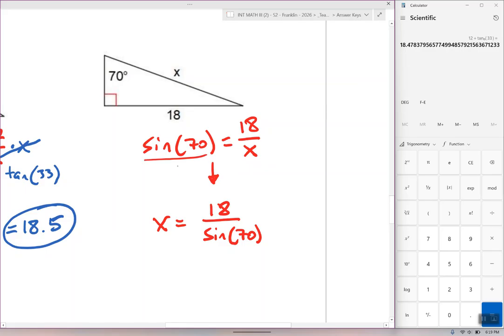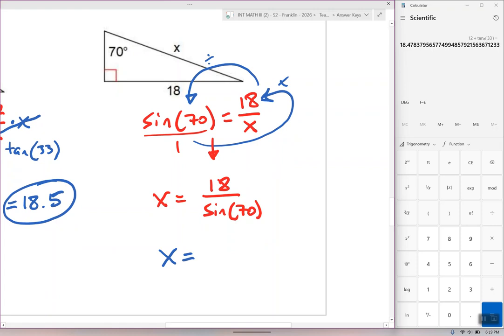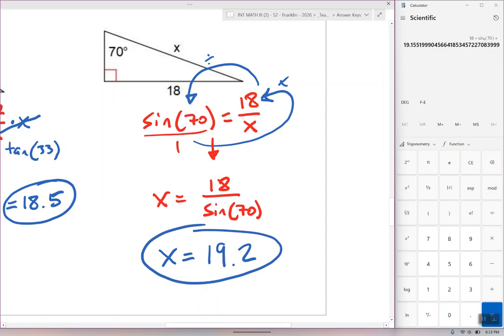And if you think about sine of 70 over 1, if you were going to solve this proportion using the cross multiplication trick, you would do 1 times 18 and then divide by sine of 70 anyway, which is essentially what we're doing right here. So 18 divided by the sine of 70 is 19.2, which is the hypotenuse here, and it is bigger than 18, so it works out.